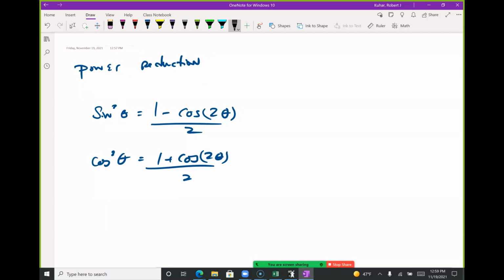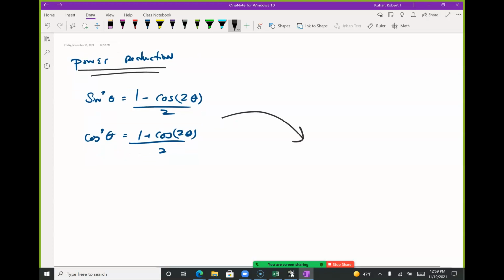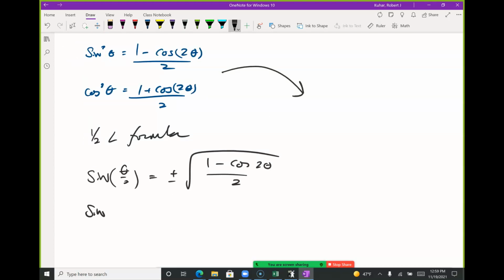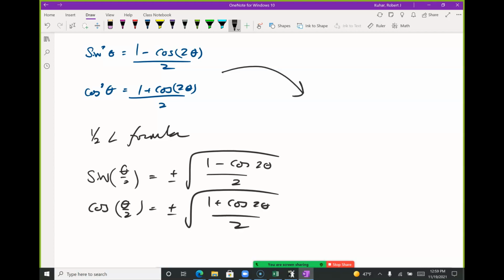But these are what you need in Calc 2. We don't really use them in Calc 1. But they do derive for us the half angle formulas. And so sine of theta over 2 is plus or minus square root of 1 minus cos of 2 theta all over 2, and cos of theta over 2 equals plus or minus square root of 1 plus cos 2 theta all over 2.